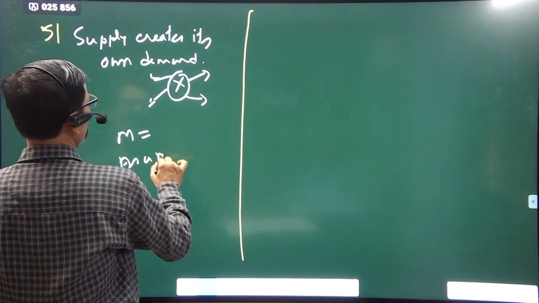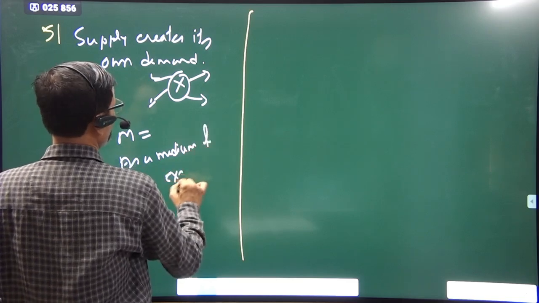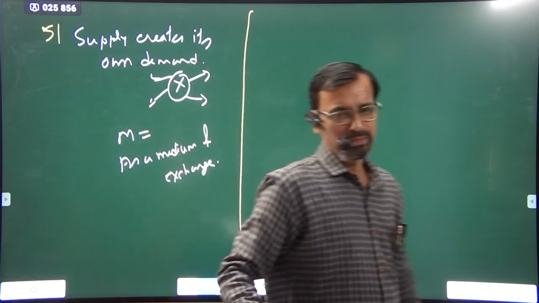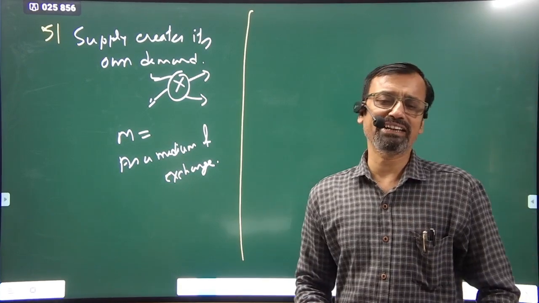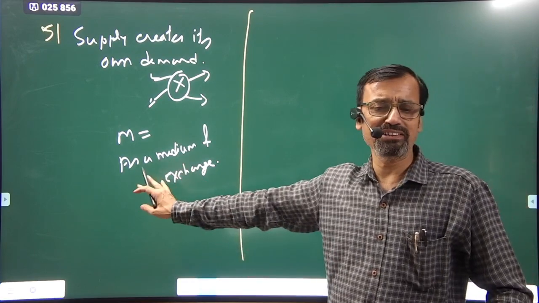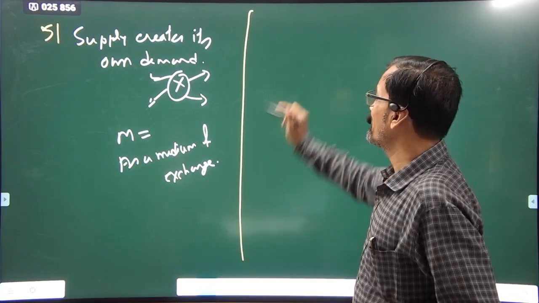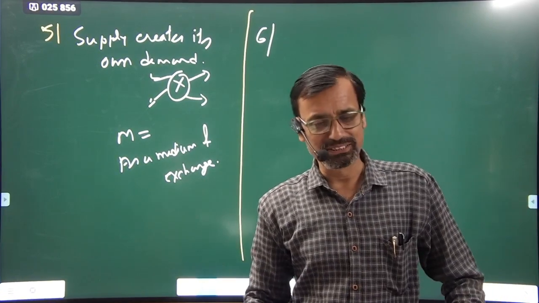So as per the classical view, money is demanded because of the transactions motive. That is why money functions only as a medium of exchange. But as per Keynesian, this may not happen.